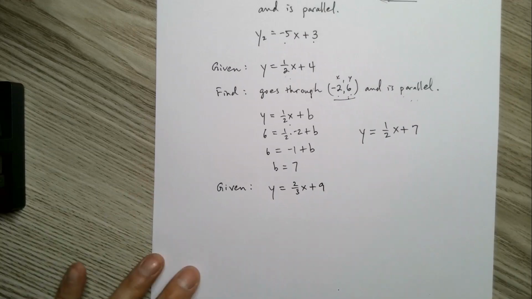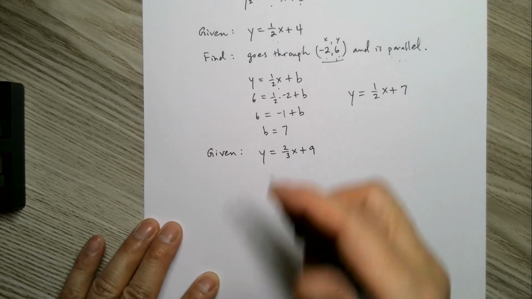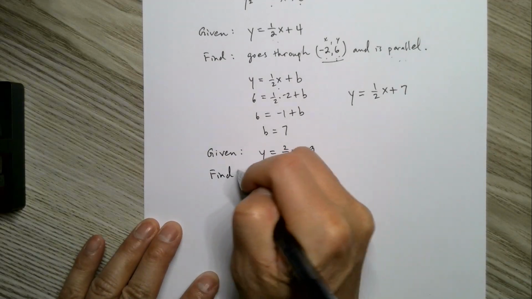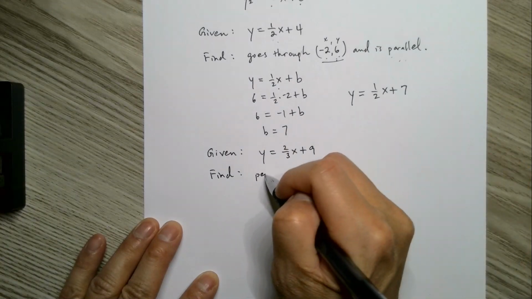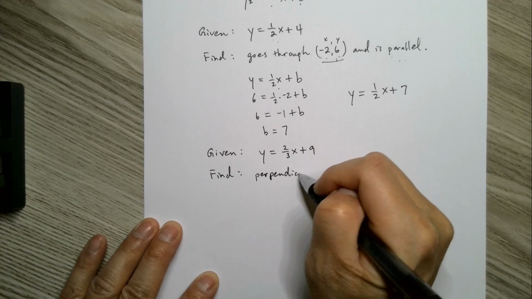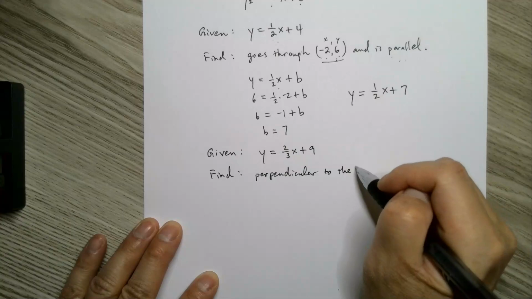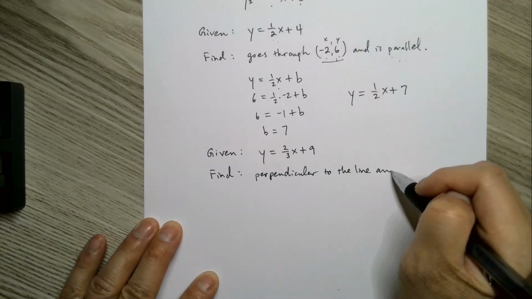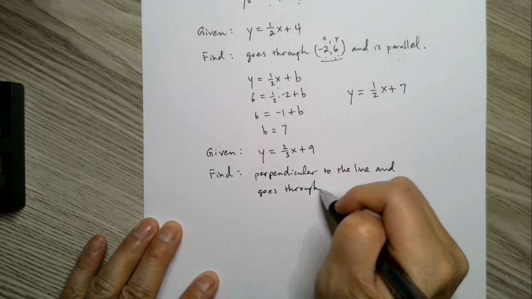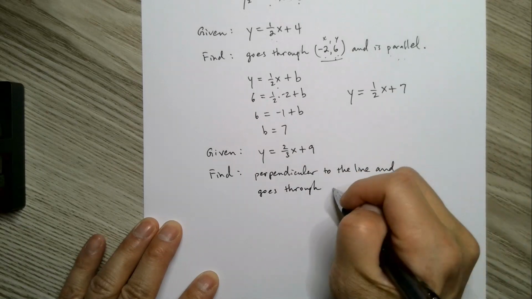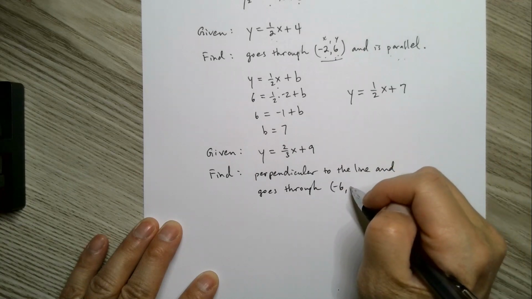I'm given this equation y equals 2/3 x plus 9, and I'm asked to find the equation of the line that is perpendicular to the line and goes through negative 6, 10.